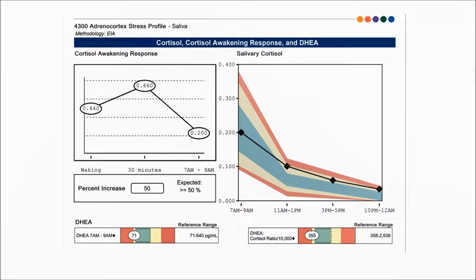Cortisol, even though it may make you wired, if it's too high all the time, is more of a catabolic hormone, meaning it's causing degeneration and breakdown through your systems. So when we also test the DHEA level, this test will show you if you're normal or not. And then you can also do a DHEA to cortisol ratio, and you can see where that stands.